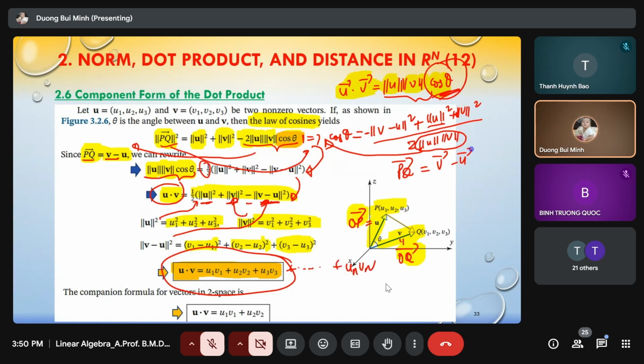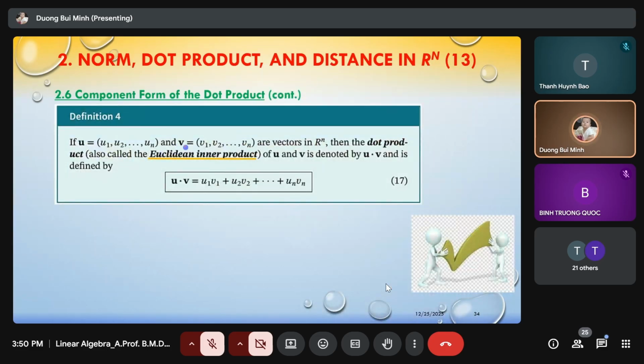Here you can get the dot product in two-dimensional space. So U dot V for R2 is u1 v1 plus u2 v2. That's all. Now if we extend U and V to Rn, we have the dot product of U and V: u1 times v1, u2 times v2, plus and so on, plus un times vn.